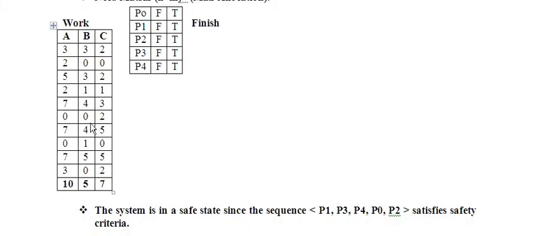Sorry, not 003. That is 431 is lesser than 743, because we have to consider need matrix here. So the freed space of process 4, that is 002, is added here, which will become 745.